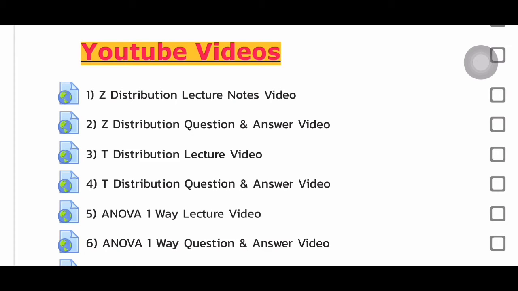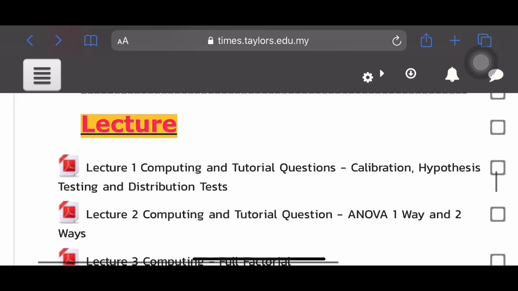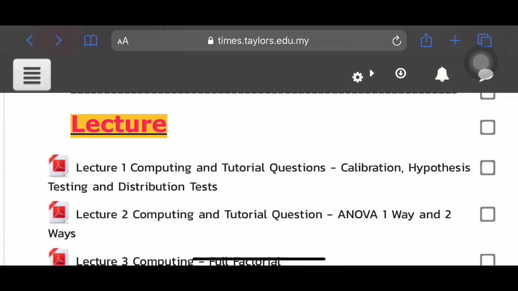Number 2, Z distribution question and answer video, is the tutorial questions and answers related to it. The same goes for number 3, T distribution lecture video, and number 4 is the tutorial question for T distribution. Watch these 4 videos for this week. These 4 videos together with lecture 1 are what you are going to study this week.